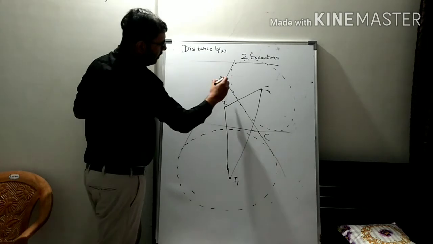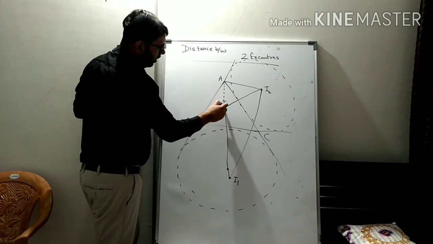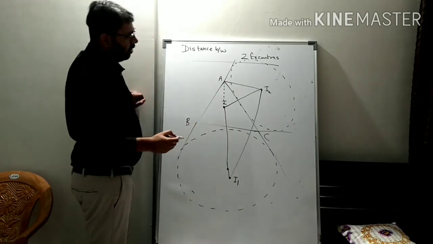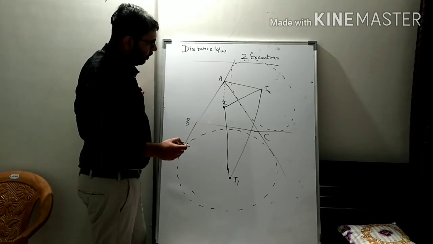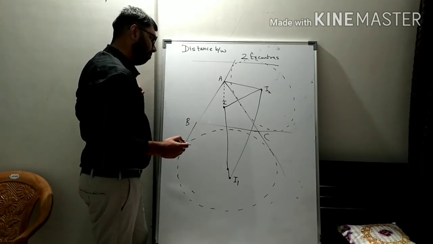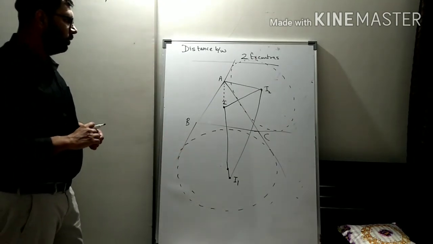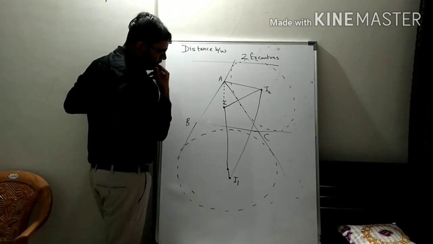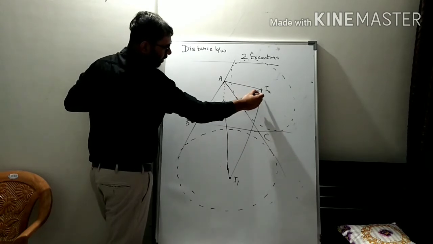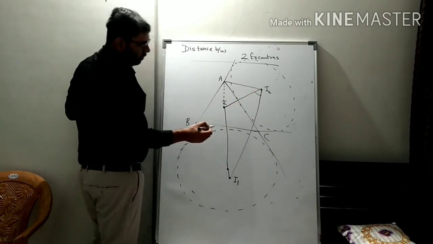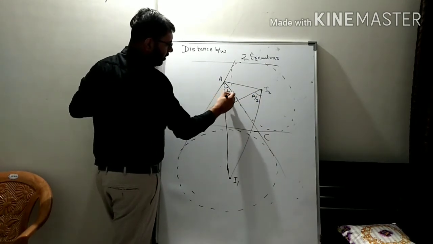So in this case, if we join this and if we join this also, this angle will be equal to A by 2, because this angle is equal to A by 2.